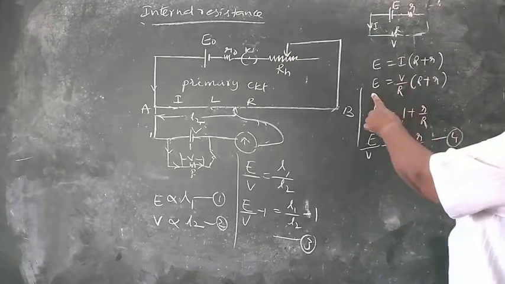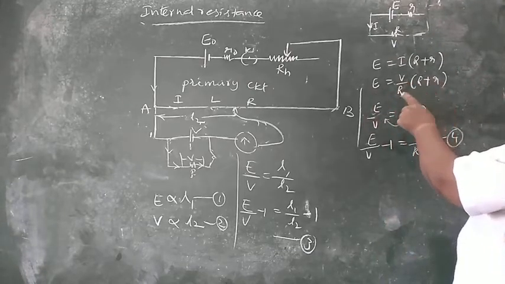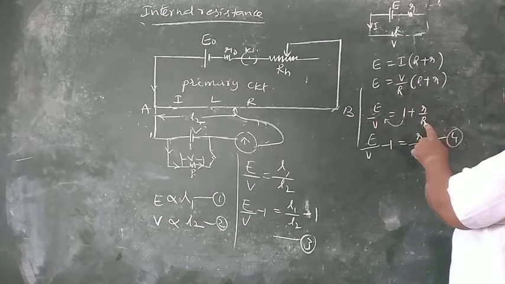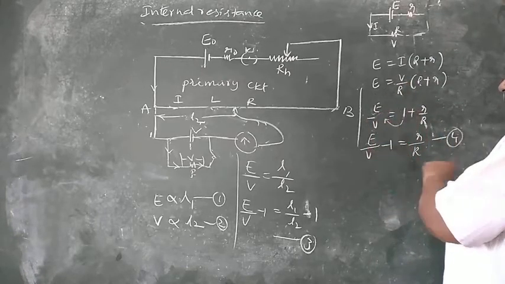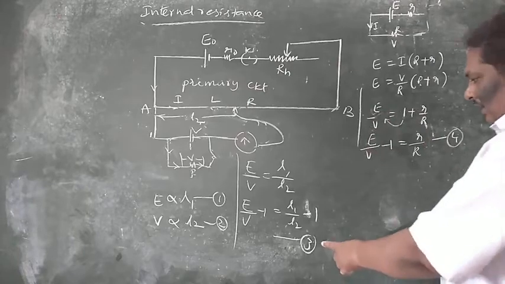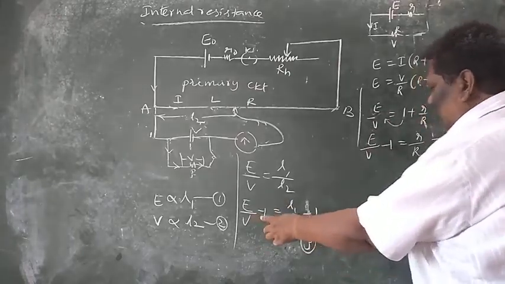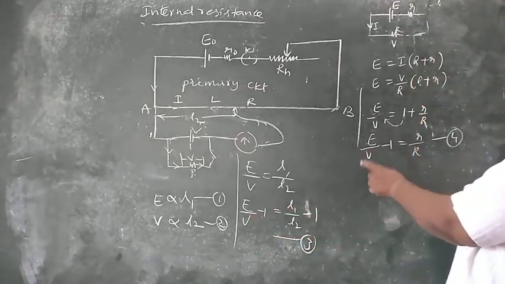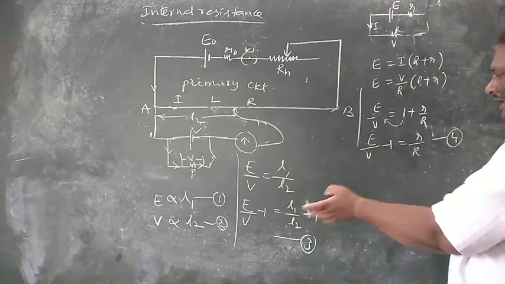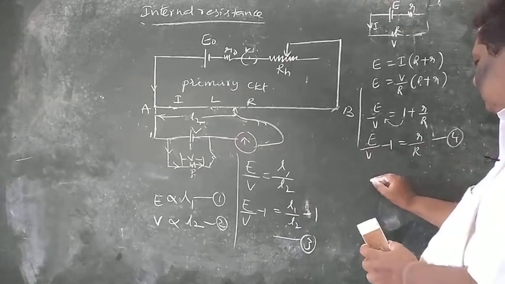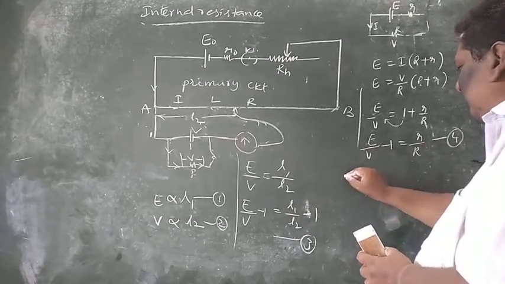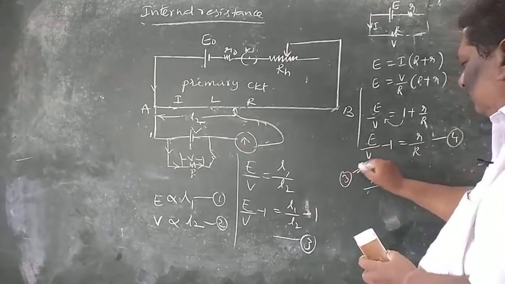V is taken to this side and divided, giving r by R plus R by R, E by V. So in the third equation E by V minus 1, and in the fourth equation E by V minus 1. LHS are equal, which means RHS will definitely be equal.